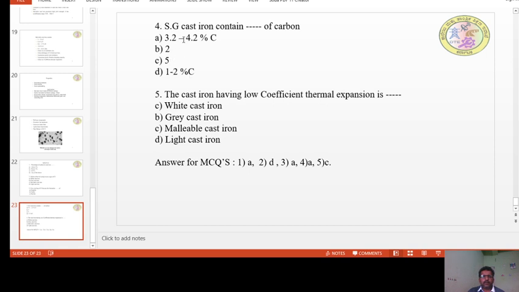So for this one, the answer is A. The cast iron having low coefficient of thermal expansion is: white cast iron, gray cast iron, malleable cast iron, or light cast iron. So the answer is malleable cast iron, which possesses a very low coefficient of thermal expansion. So with this, I have completed session 6 of module 3, and thank you very much.